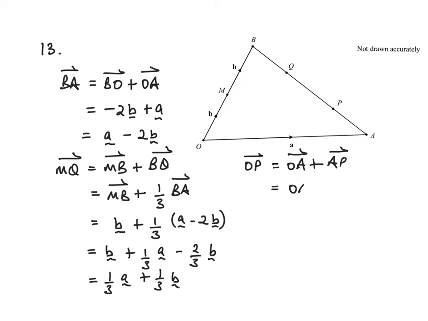Now OA is fine. AP, I hope you can see, AP is 1/3 of AB.